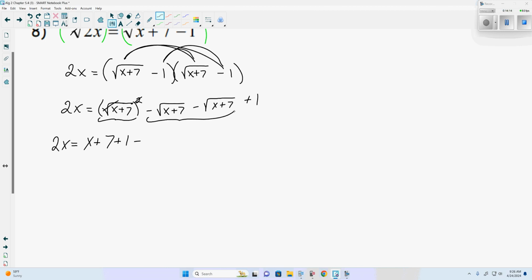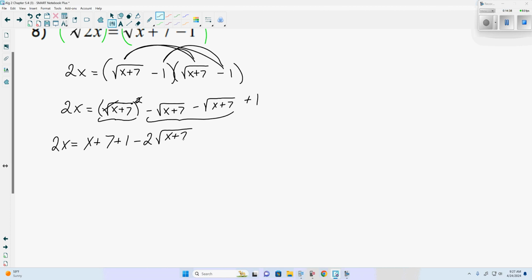Now our negative square root of x plus 7 minus the square root of x plus 7 would be what? They both have the same radical, yes? They're essentially like terms.